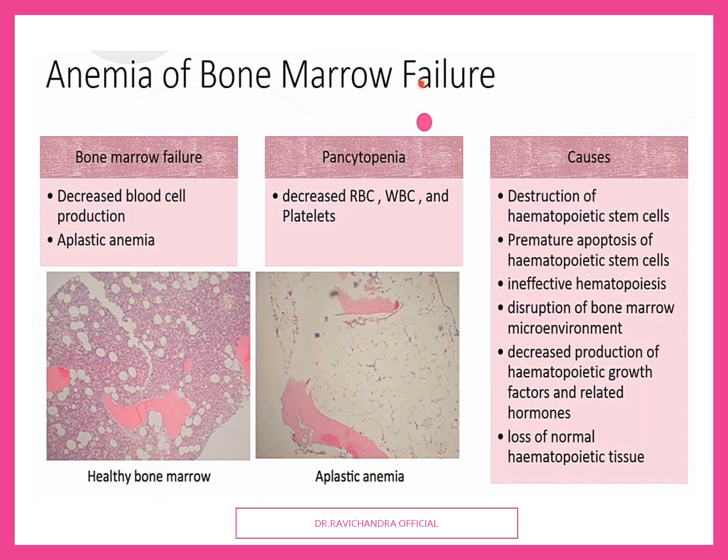The causes may be destruction of hematopoietic stem cells, premature apoptosis of hematopoietic stem cells, ineffective hematopoiesis, disruption of the bone marrow, decreased production of hematopoietic growth factors and related hormones, or loss of normal hematopoietic tissue. If you observe the pictures, the first one shows healthy bone marrow, and the other shows aplastic anemia with pancytopenia, where you can appreciate only the fat cells.